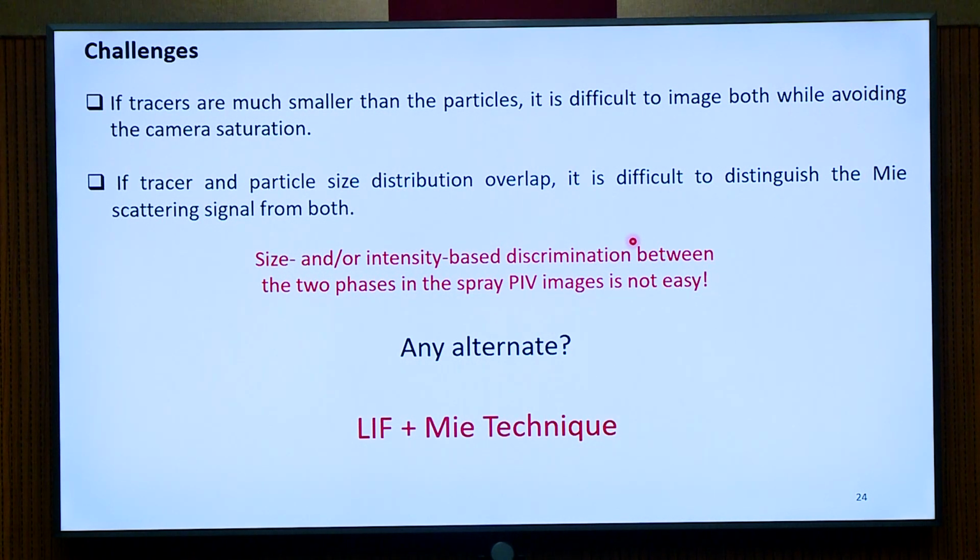So distinguishing a 20 micron droplet from a 10 micron tracer is not easy. So obviously this would lead to issues in separation, and this is known as cross-talk between the two phases.